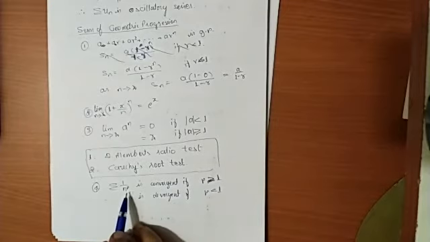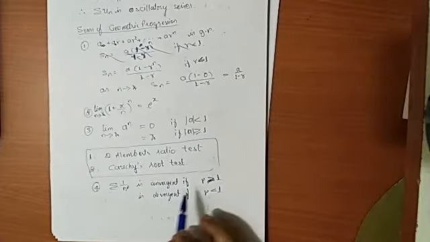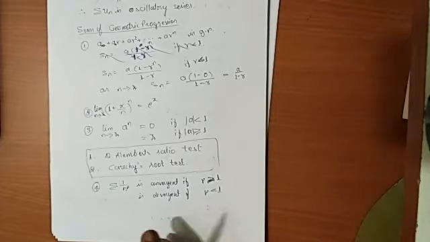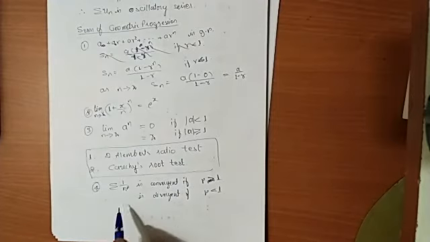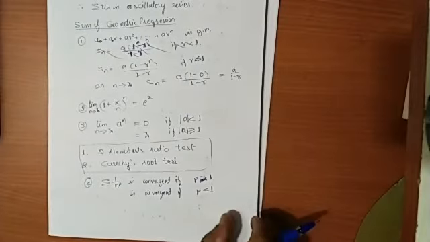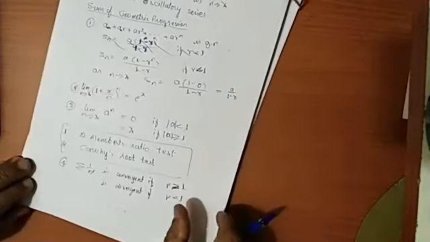See, 1 over n squared, 1 over n cube, all these are p series with p greater than or equal to 1. It is a convergent series. Whereas sigma 1 by root n will not be a convergent series. So this is called the p series.